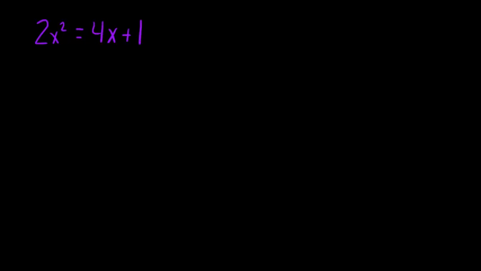Remember that you want it to look like ax squared plus bx plus c is equal to 0. So to do that, we need to get 4x and 1 to the left side of the equation.